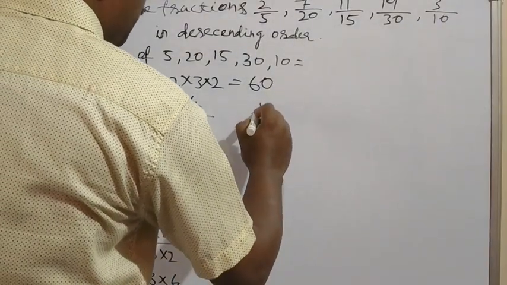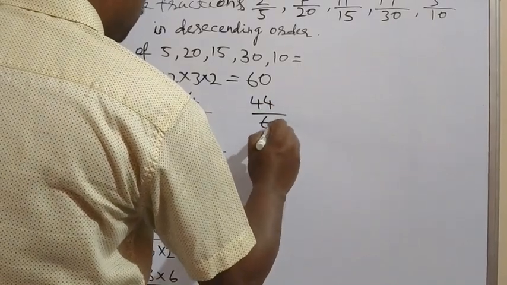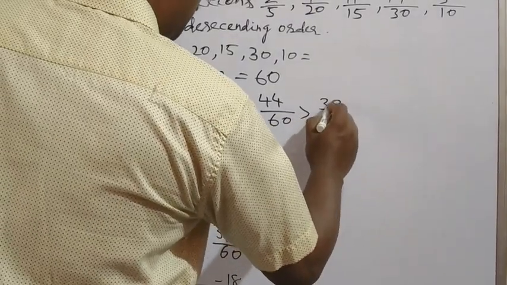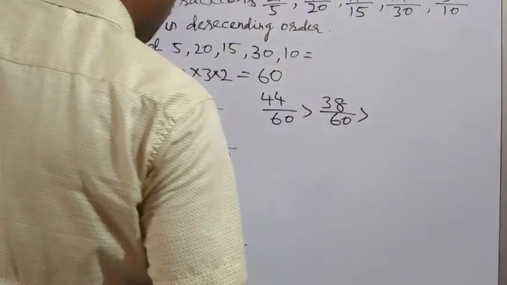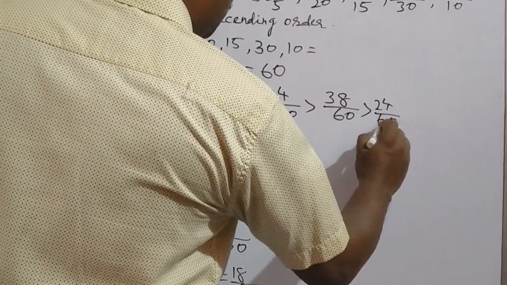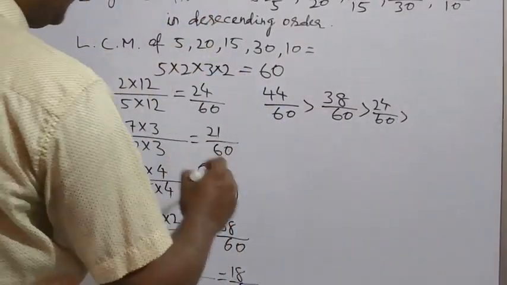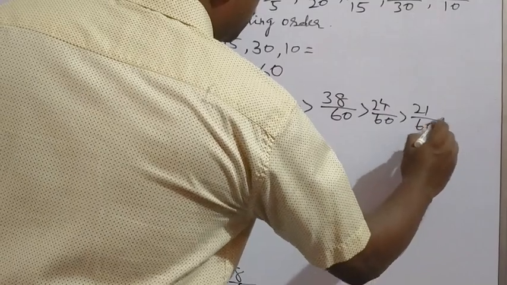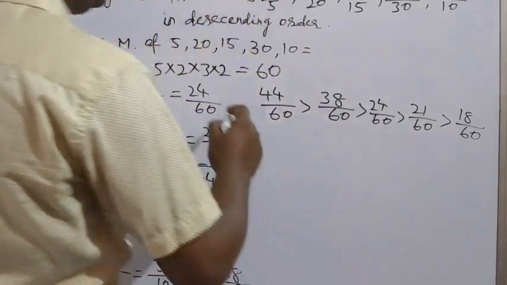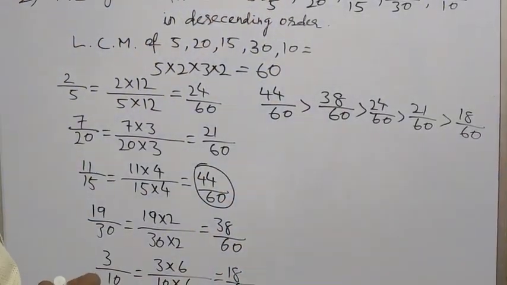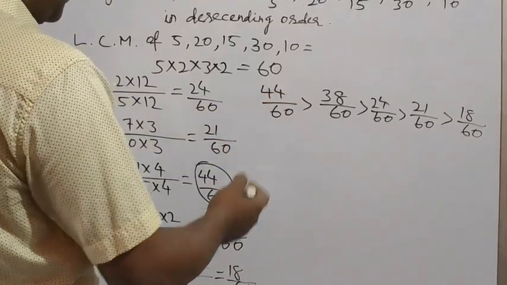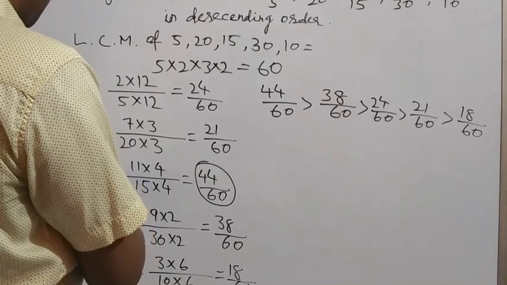So first we write 44 by 60 greater than, next which one is coming? 38 by 60 greater than, then 24 by 60 greater than, next is 21 by 60 greater than 18 by 60. So this is the descending order. Now we have to write the original fractions. So 44 by 60 is equivalent to which fraction? 11 by 15. This is the original fraction.